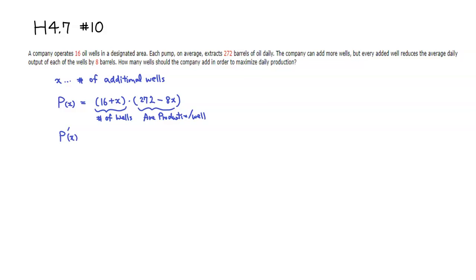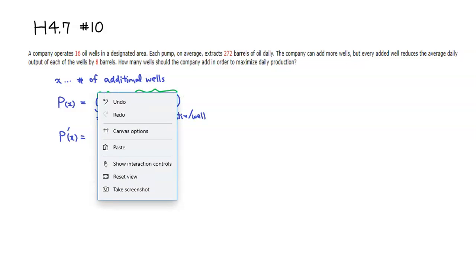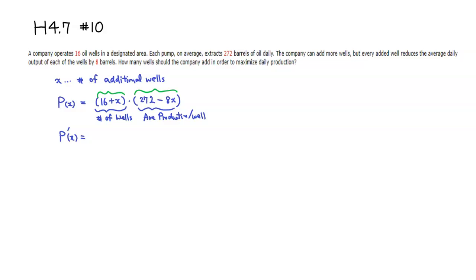P prime of X is equal to, so this is going to be a product rule. This is the first guy, this is the second guy. Derivative of the first is 1, times the second, so 272 minus 8x, plus 16 plus x times the derivative of the second, which is negative 8.